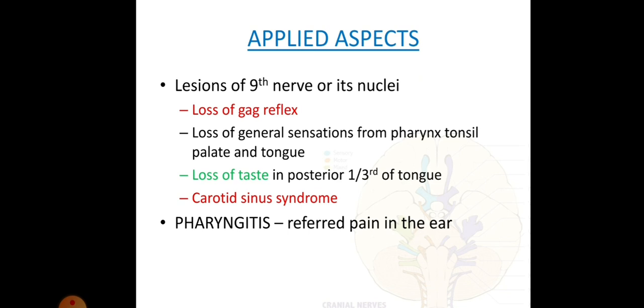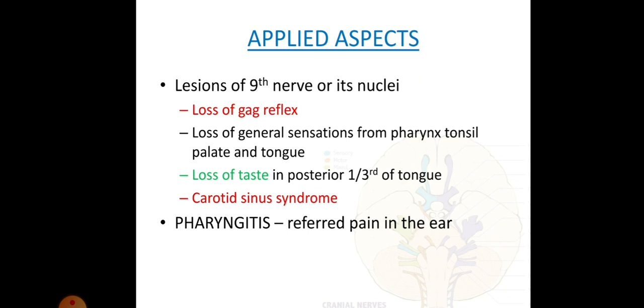And due to damage to the carotid branch, it may lead to some hypersensitivity called carotid sinus syndrome. And because the glossopharyngeal nerve supplies your pharynx, tongue and also your middle ear and tympanic membrane, a pharyngitis can cause referred pain in the ear.